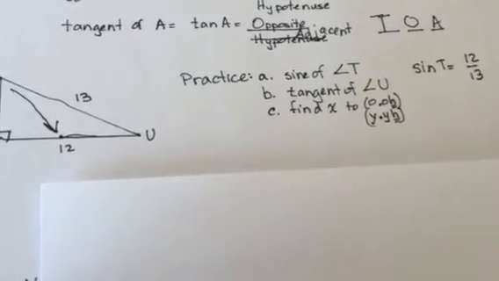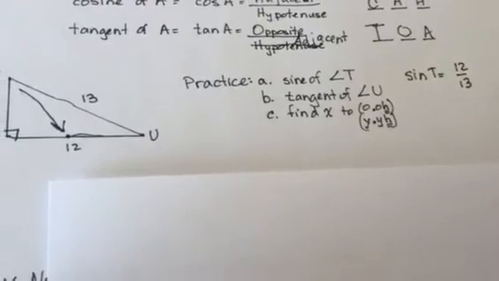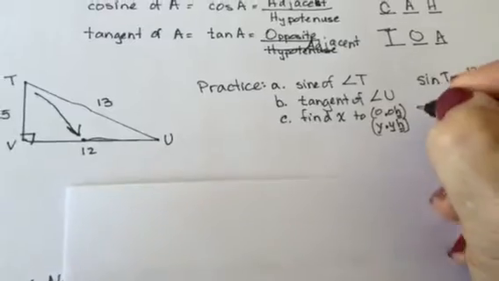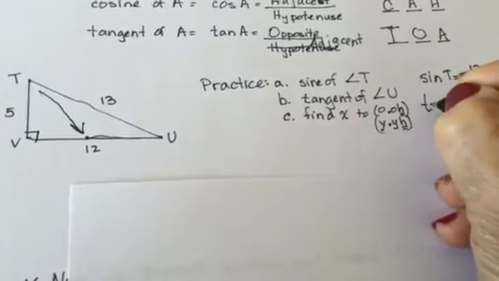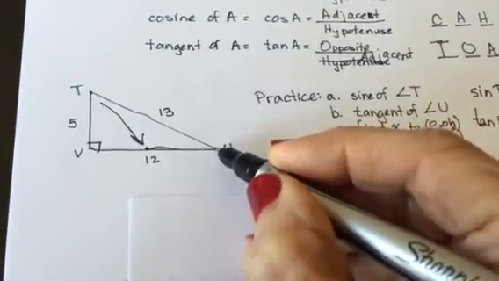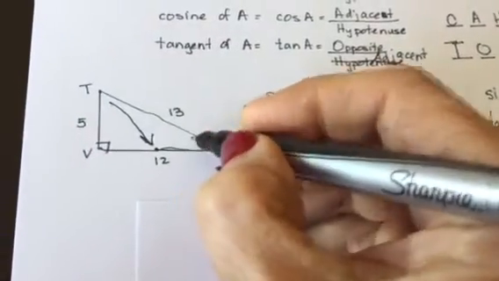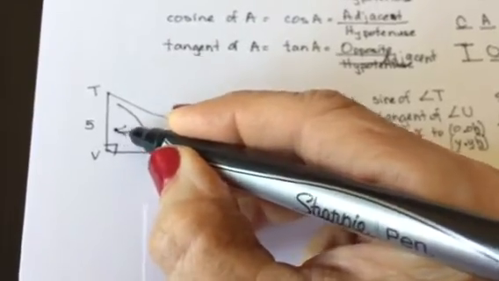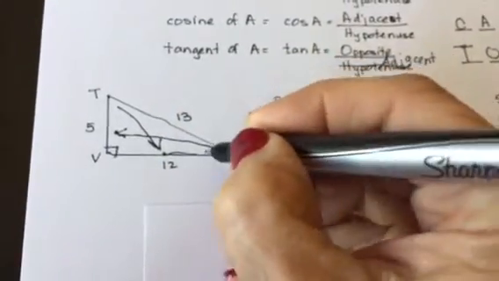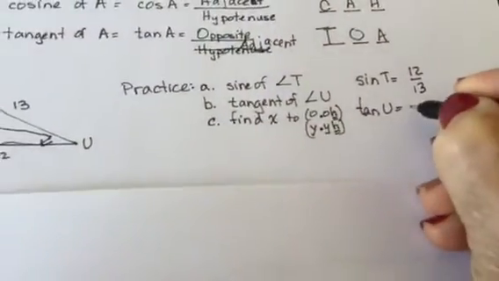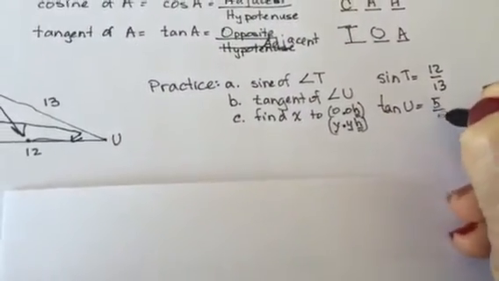We put that in our calculator and we get our answer. The tangent of angle U: here's angle U, so we're going to go opposite of U, which is 5, over adjacent, which is 12. So 5 over 12.